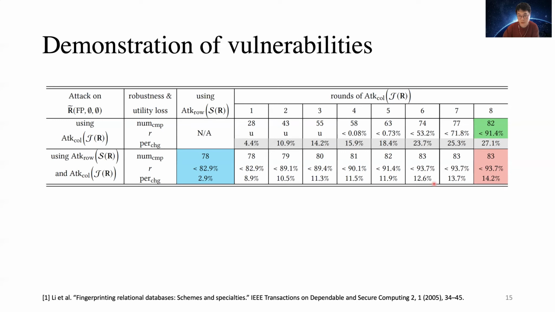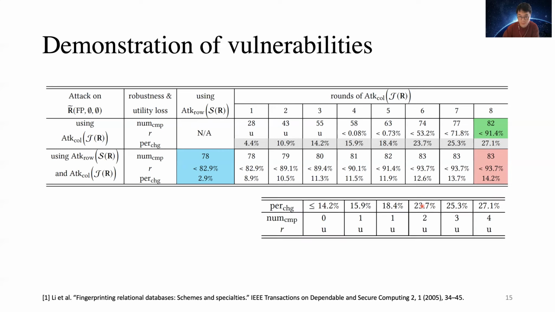To show the powerful attacking ability of the identified correlation attack, we compare with the random bit flipping attack, and we let the attacker flip only this percentage of the entries in the database, and these values are identical to those obtained from the column-wise correlation attack.